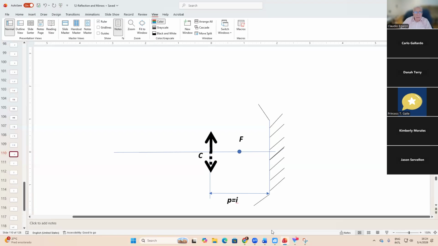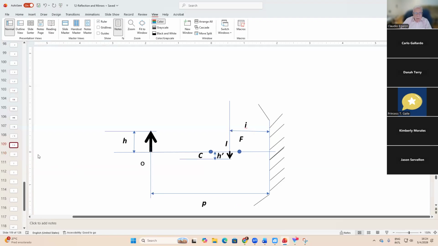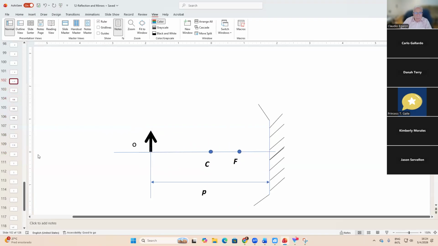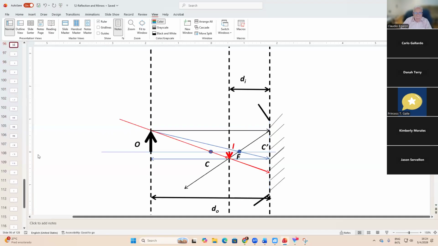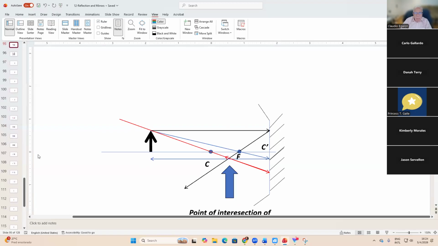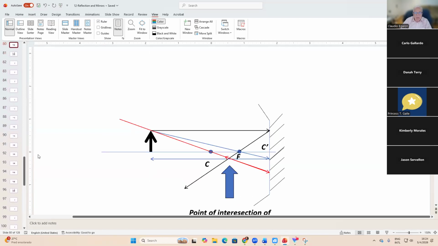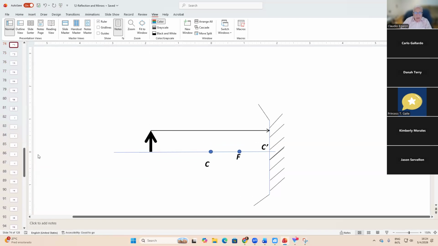I'll have to do that from scratch. This one is repeated. Let's clean up this presentation so I don't have to keep on showing that.